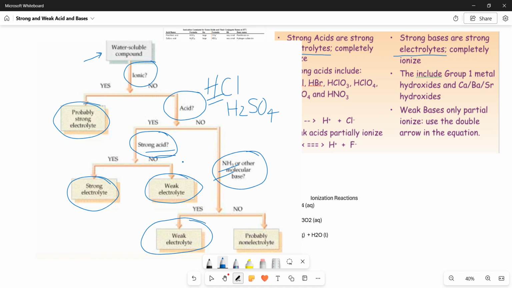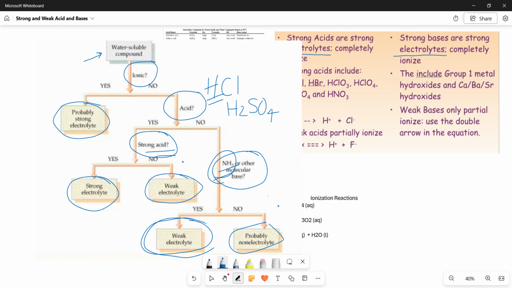In the traditional sense, it contains a hydroxide, an OH, but you can see right here ammonia does not have an OH. It is going to be more of your Bronsted-Lowry base, where it accepts a proton. So it is weak, and if it does not have this basic nature, it is probably a non-electrolyte.